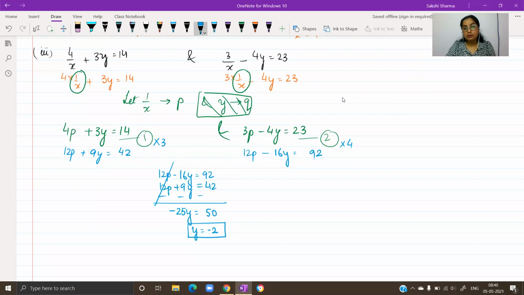Let's put value of y in any of the equations you have. Either you can obtain p, as I had thought. Manroop has actually done it directly in the given equations.